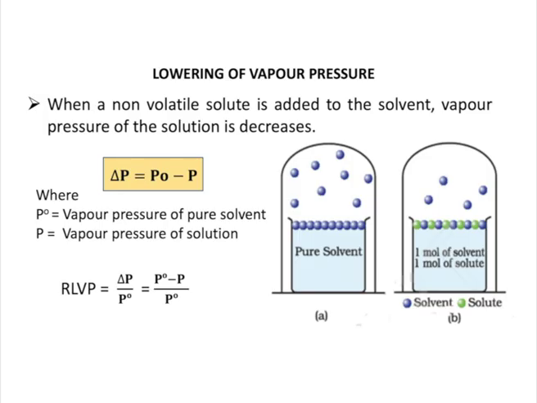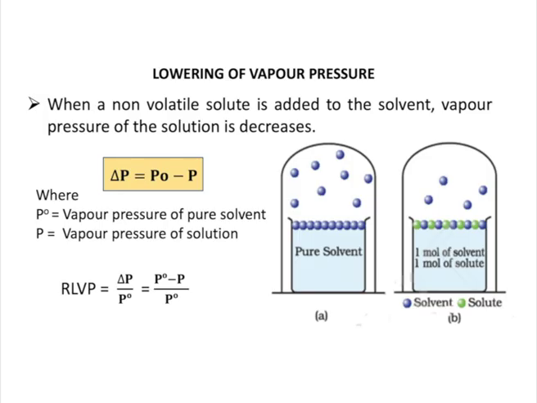Due to the decreasing number of vapor particles, with the help of the non-volatile nature of the solute, the lowering of vapor pressure delta P is denoted as delta P is equal to P naught minus P, where P naught is the vapor pressure of the pure solvent and P is the vapor pressure of the solution.